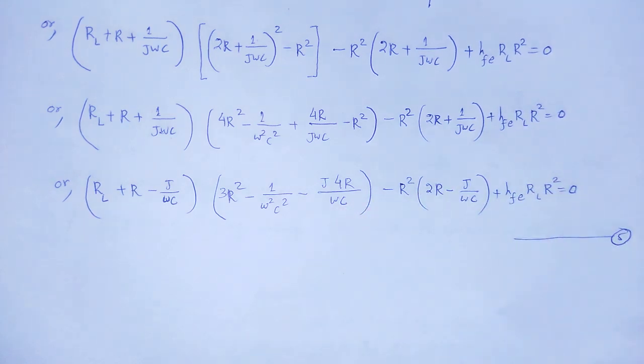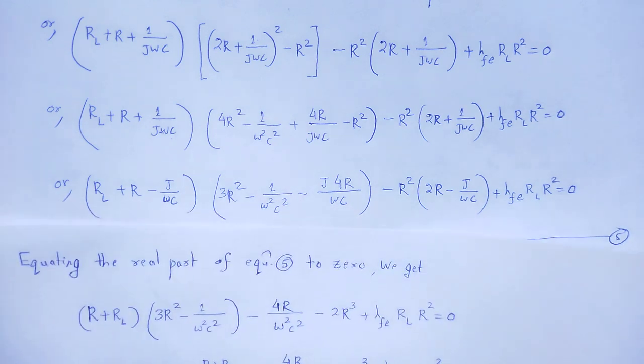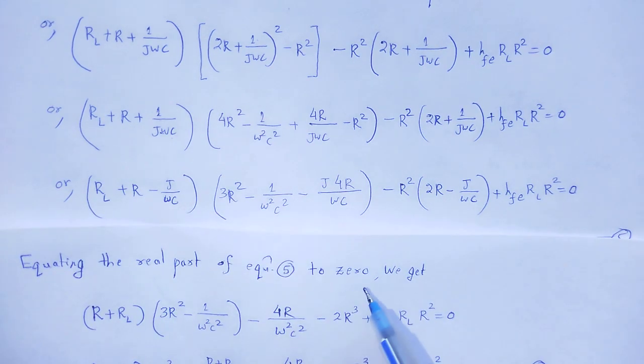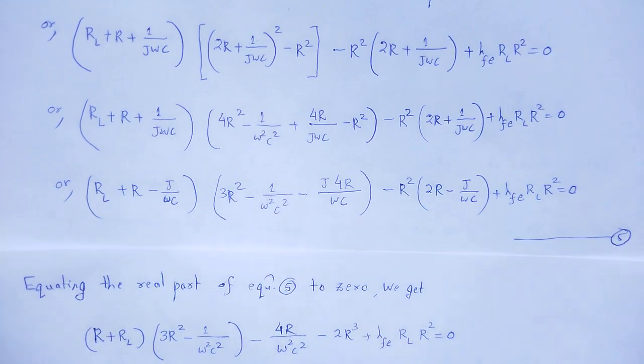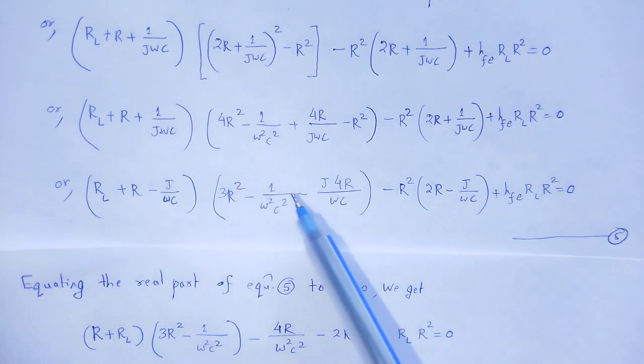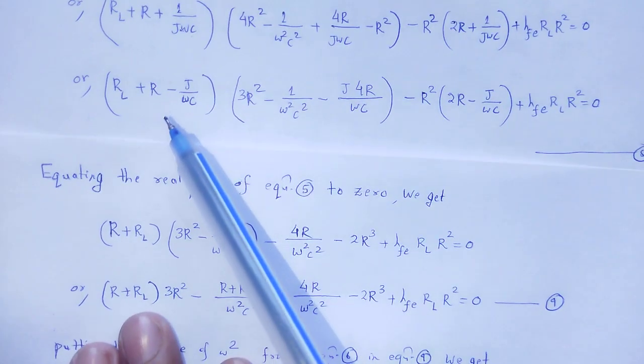From equation number 5, first equating the real part of equation number 5 to 0. How do we obtain the real parts?